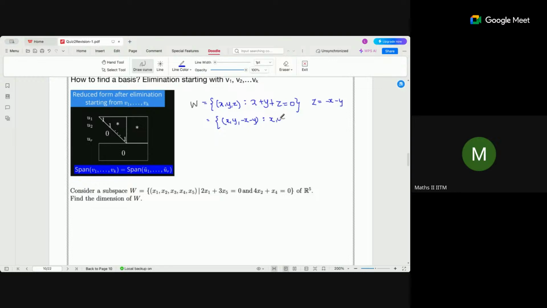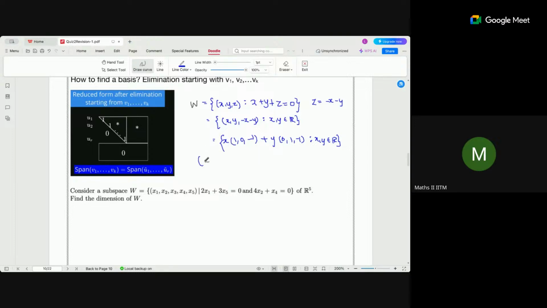Now your x and y are in R. I can take x and y commonly. The coefficients for x are 1, 0, minus 1, plus y times 0, 1, minus 1, with x, y in R.